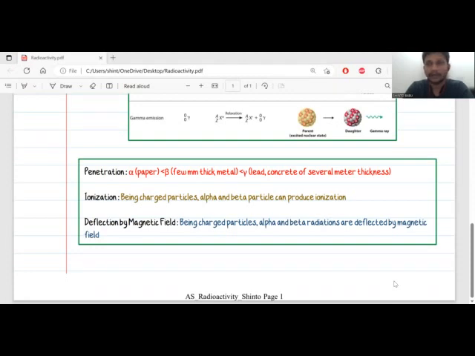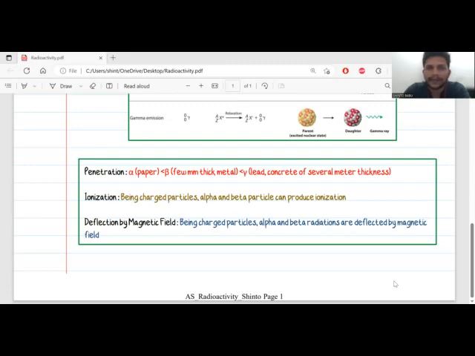If you want to really block gamma radiation, which has the highest penetration power, apparently it has the highest kinetic energy as well, you need to have concrete of several meter thickness or a lead lined compartment.